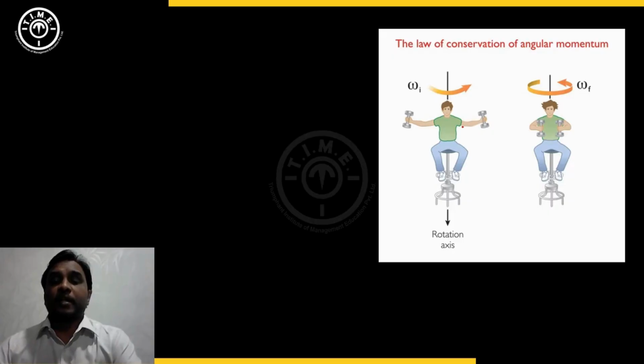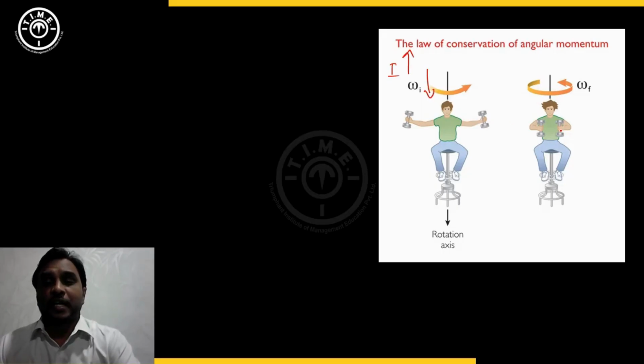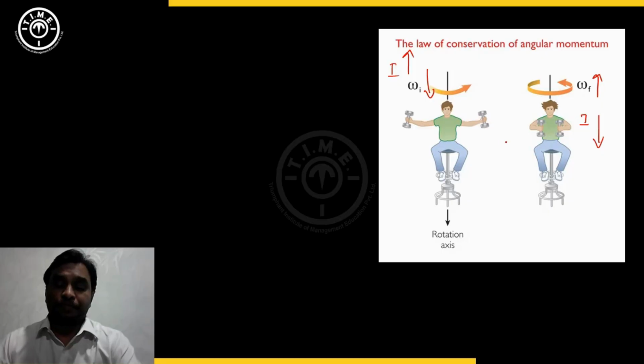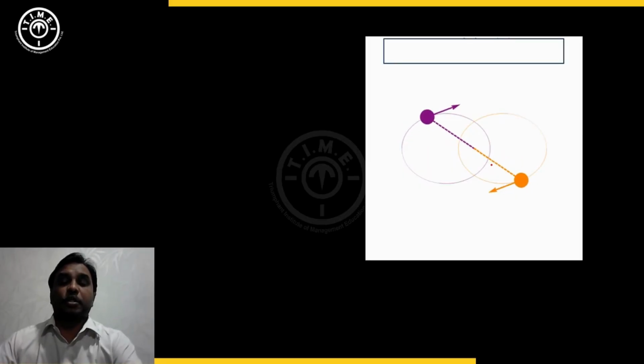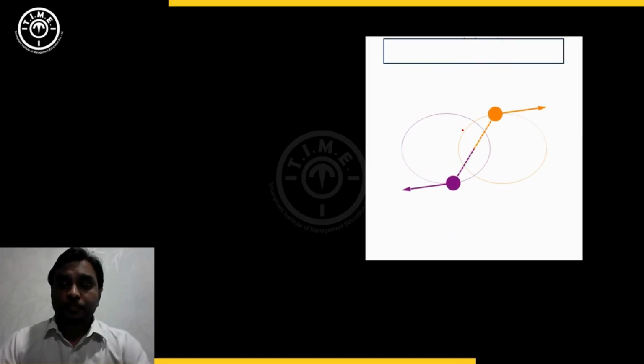You can see one more example also. Here in case 1, hands stretched out, so moment of inertia more, angular velocity less. Here hands stretched inside towards the axis of rotation, moment of inertia less, angular velocity more. I can give you one more example also. See, this is a two-star system rotating about this point.